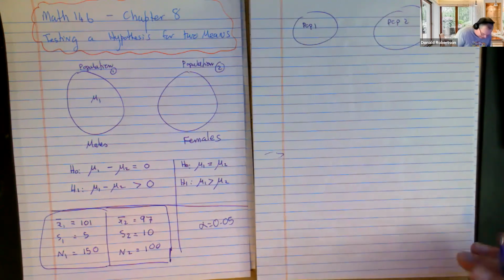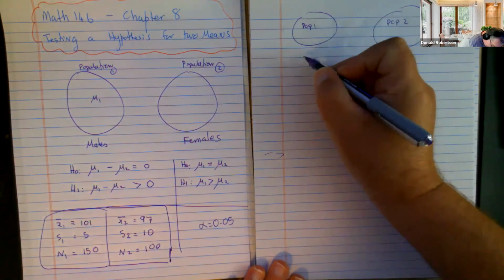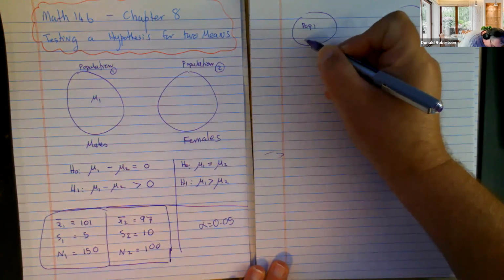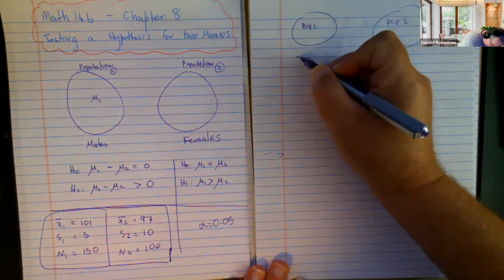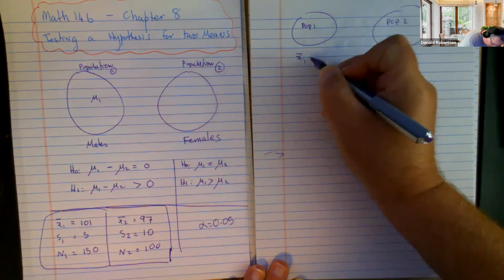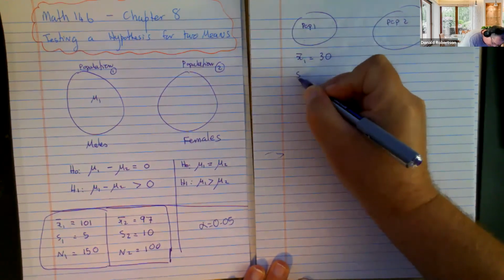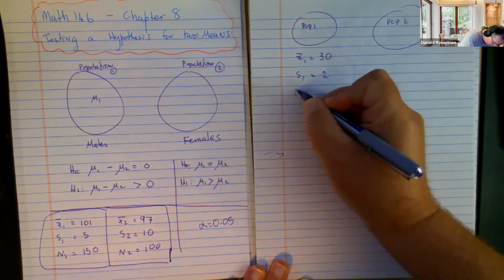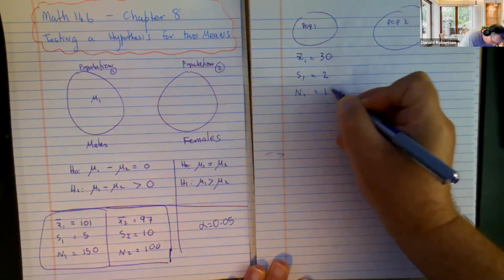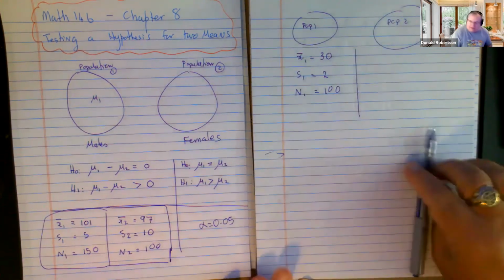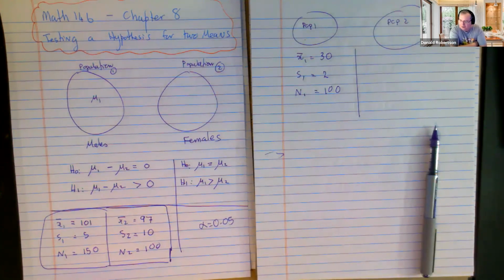And the Scottish duck, in at least a sample that I got, weighs £30. The standard deviation was 2, and that was with a sample of 100. So a £30 duck is probably like an ostrich, right? It's a big honking duck, right?